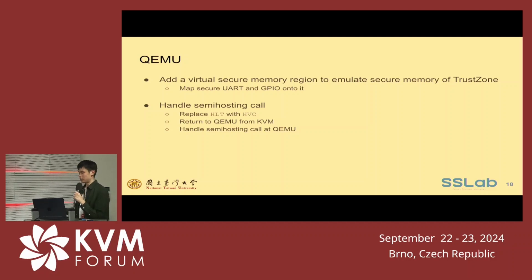This means we didn't modify the semi-hosting handler, we directly utilize the TCG semi-hosting mechanism to handle those semi-hosting calls. By incorporating these modifications into QEMU, we have created a more realistic emulation environment for TrustZone.